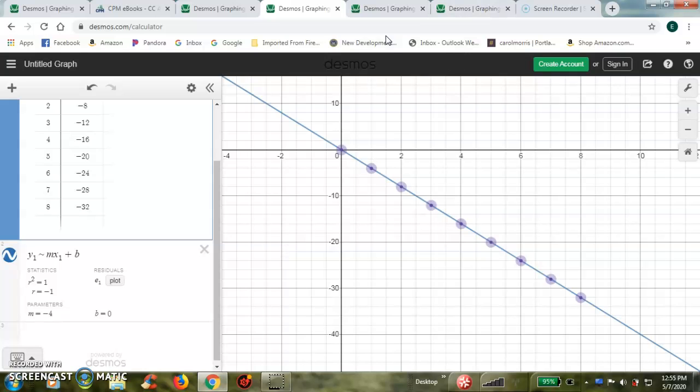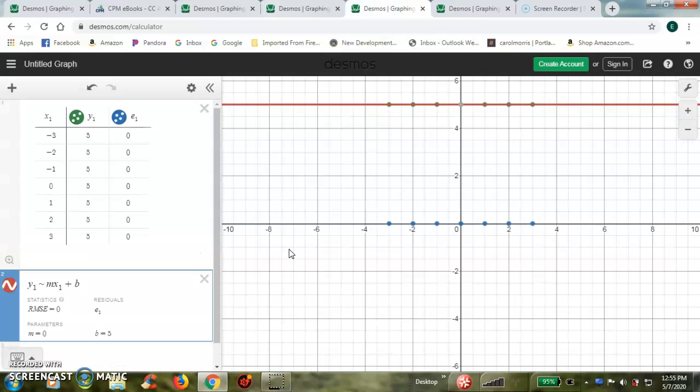All right, let's take a look at just a couple of other things. And really, this is all we're going to do today, just observe what happens to the graph and what the correlation coefficient is. Right here, I started with a table, and you can see the equation for this line is just y equals 5. The way I always say that is y always equals 5. It really doesn't matter what the x is. So I would say there's no real relationship between the x and the y.